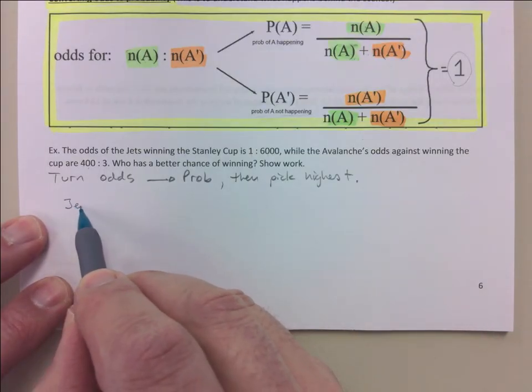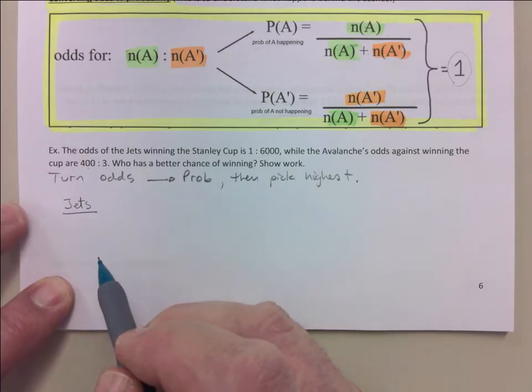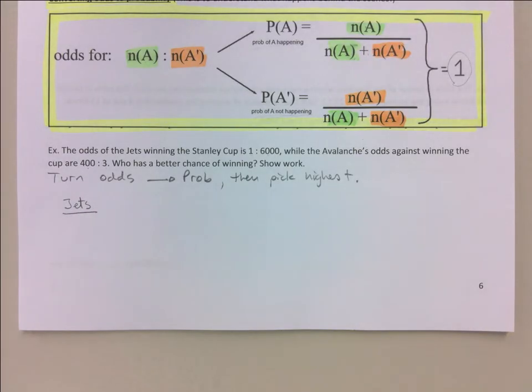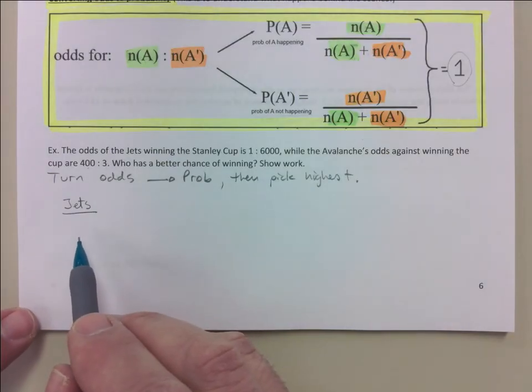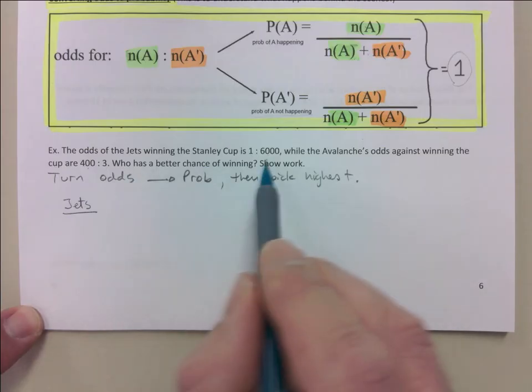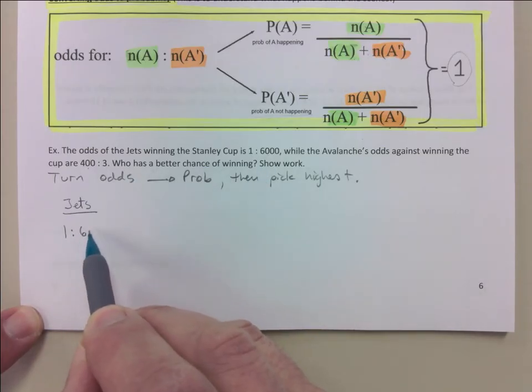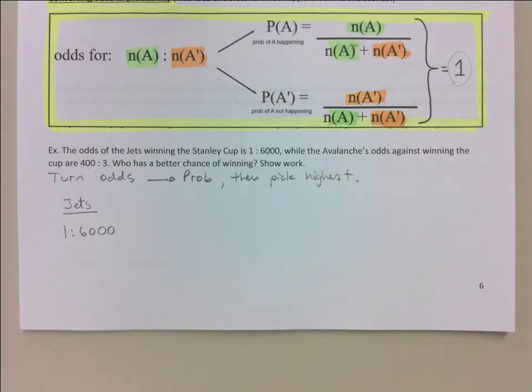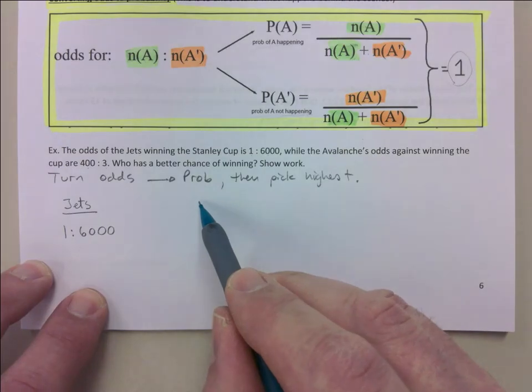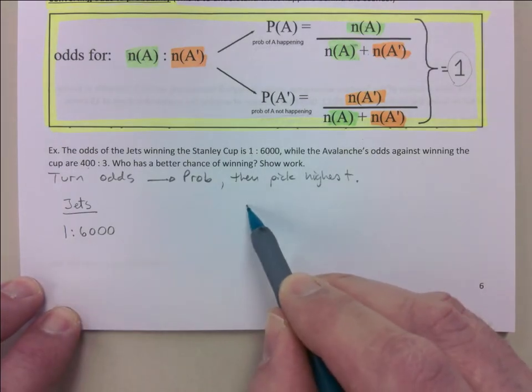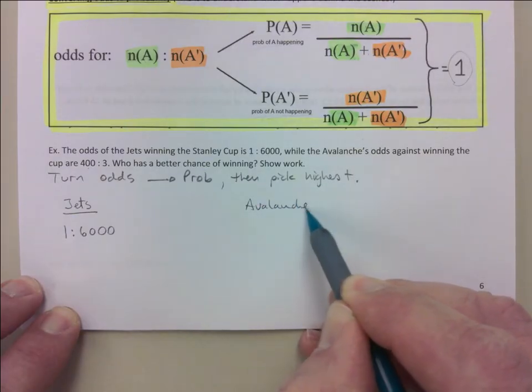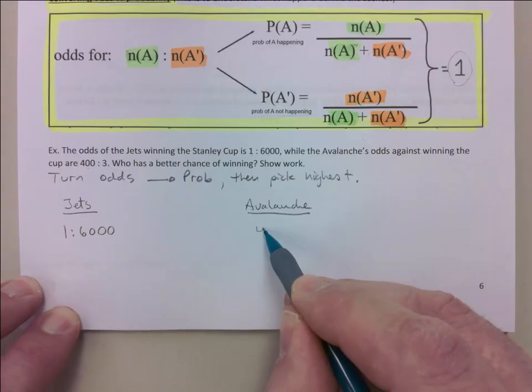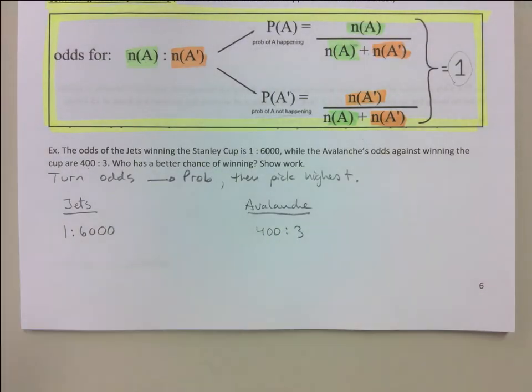So the Jets, it gives us 1 to 6,000. And the Avalanche gives us 400 to 3.